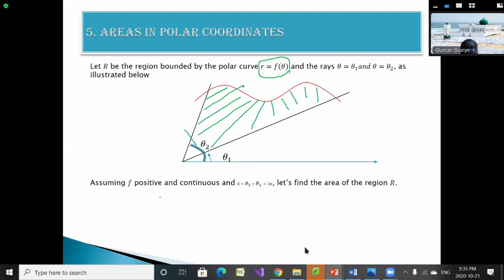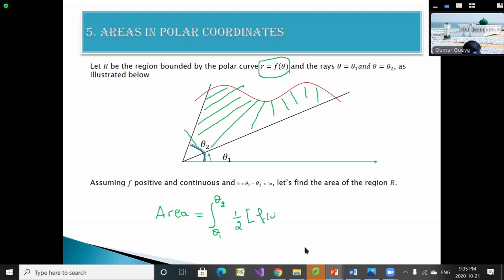Okay, and calculating this area is going to be equal to the integral from theta 1 to theta 2, because theta is going from theta 1 to theta 2, of 1 over 2 the square of f of theta.